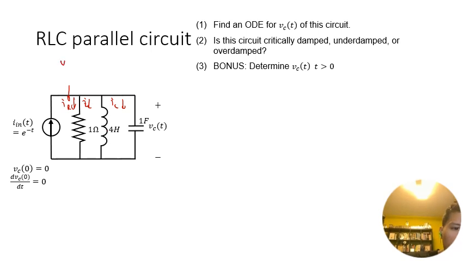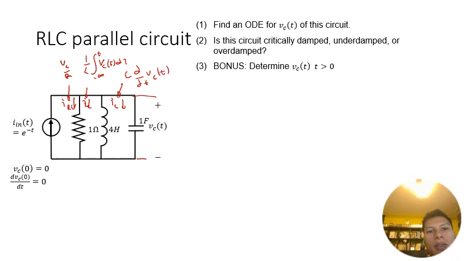This one's pretty easy because you just have VC over R. For this one, just remember that this is 1 over L times the integral from -infinity to t of V(tau) d tau. And remember that they're all exposed to the same voltage, Vc, so we can just call this Vc. And then this is just equal to C d/dt of Vc(t).